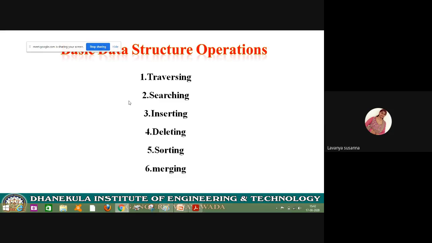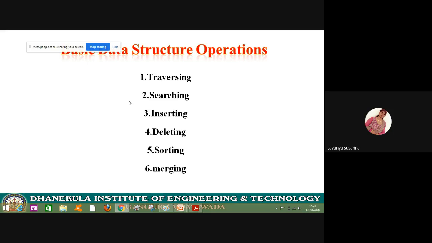Next operation, searching. Searching means searching whether the given element is present in the data structure or not.